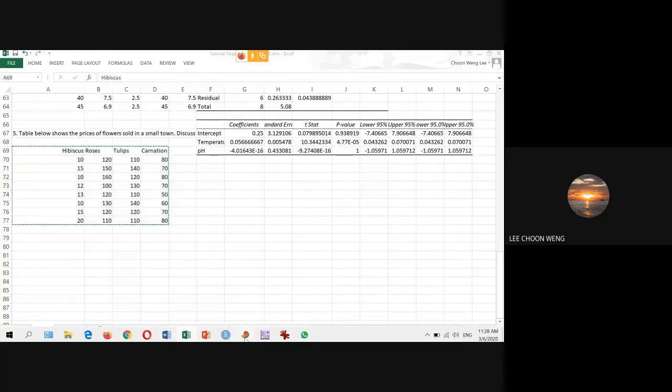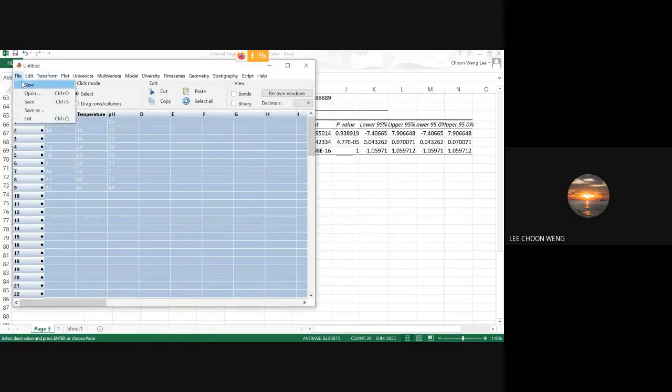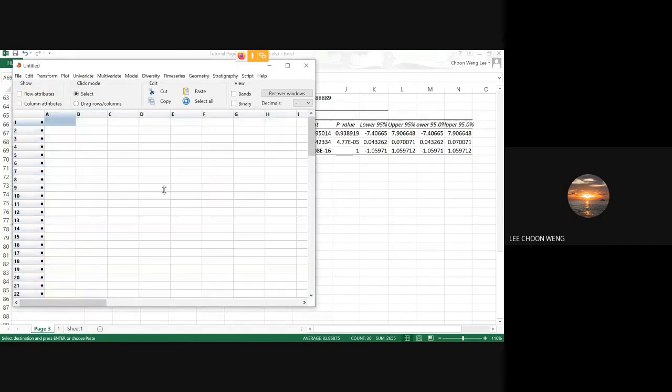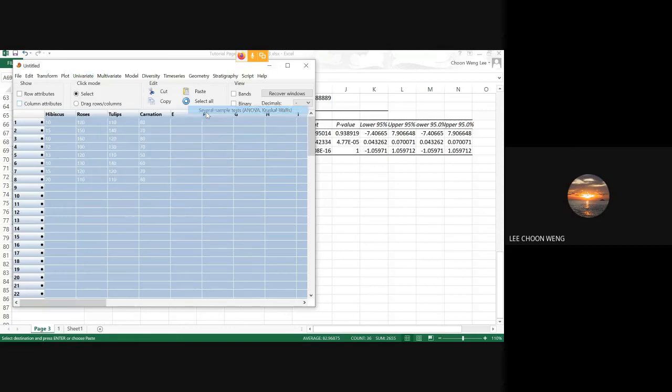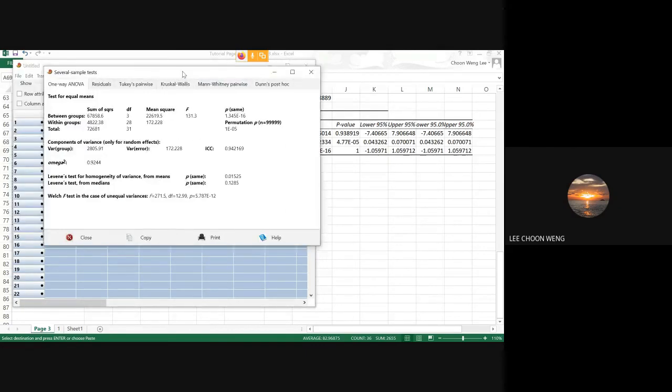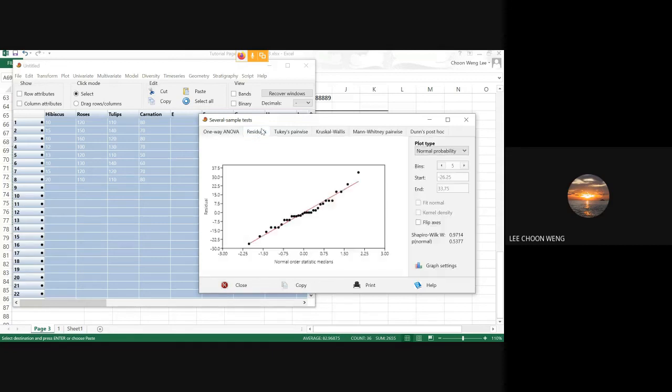Isn't it easier if you just do ANOVA? If you just do ANOVA, it shows that there are differences among the 4 flowers that are sold.